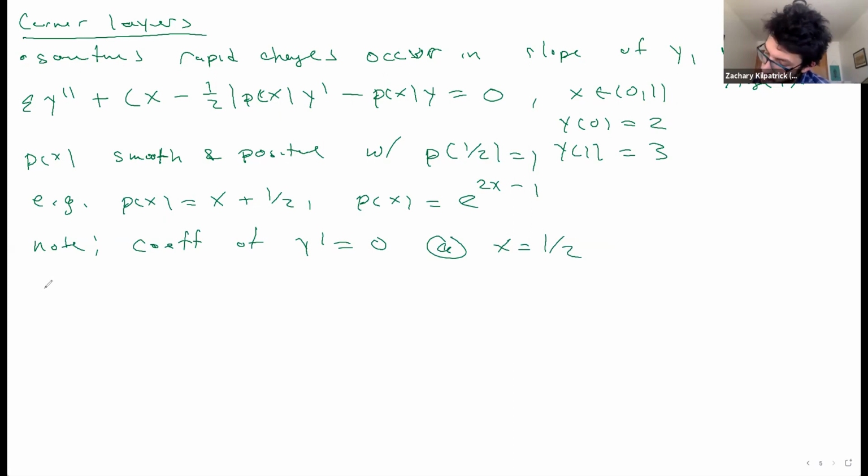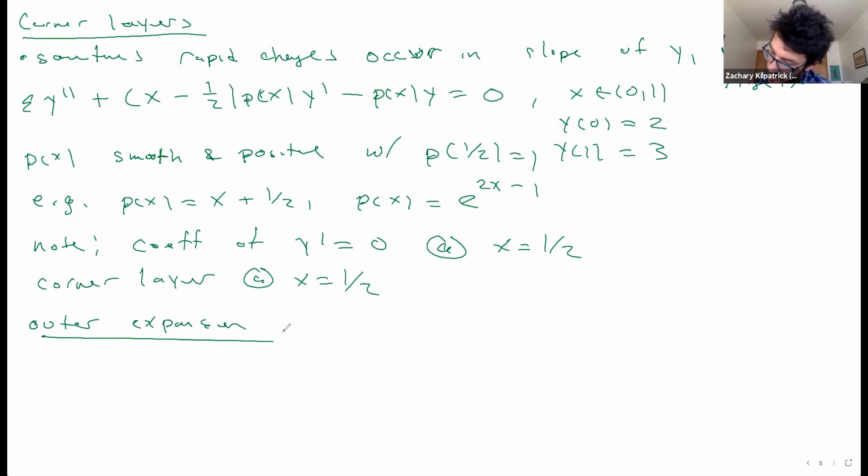So what I'll say is that there's going to be what's called a corner layer at x equals a half. Okay. And our outer expansion, or expansion in our outer layer, we'll write as y approximated by y0 plus epsilon y1, and so on. Okay.